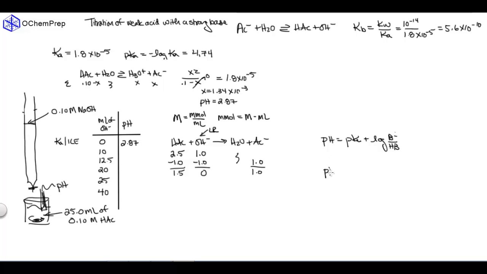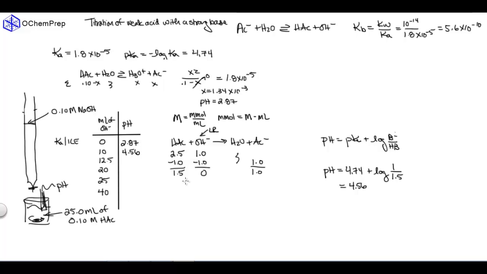The pH will be equal to the pKa of acetic acid, which we found up here is 4.74, plus the log of the millimoles of the base, which is 1, over the millimoles of the acid, 1.5. And when we plug that into our calculators, we're going to have a value less than 4.74, and it ends up being 4.56. So this will go right here.